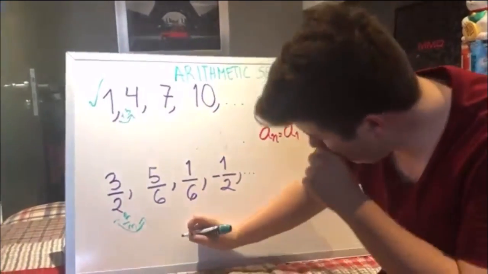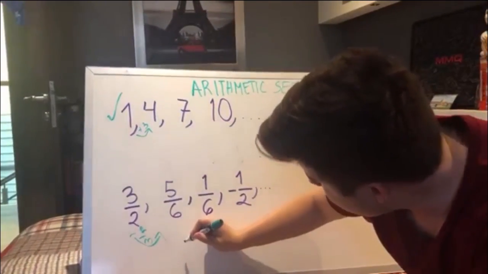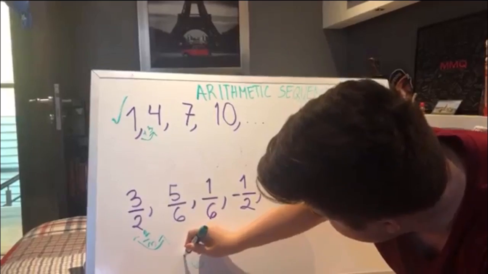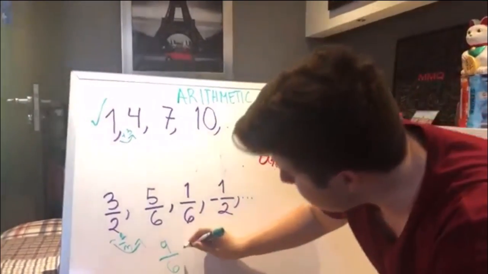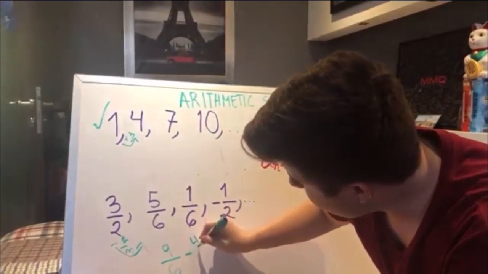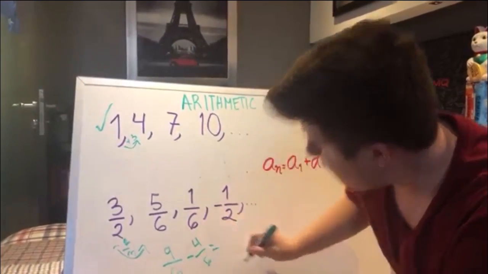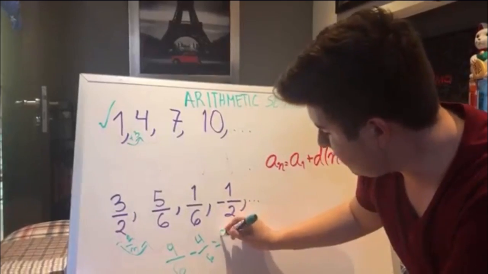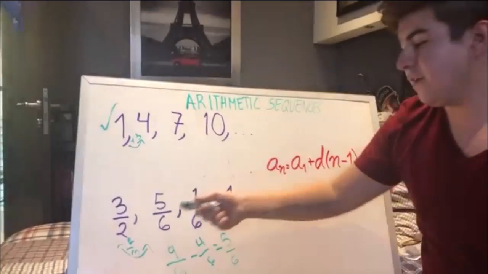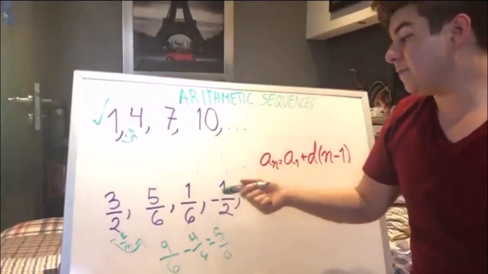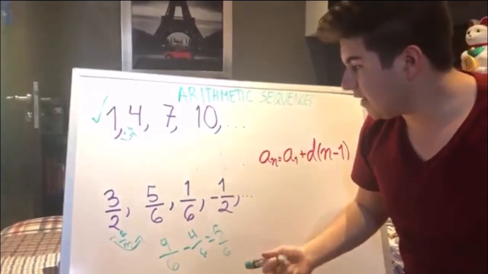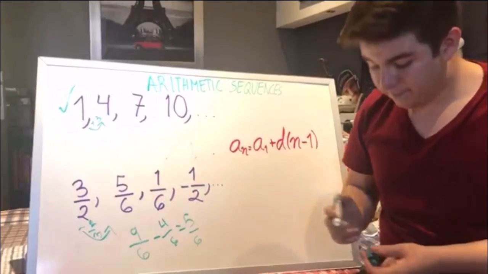Because 3/2 is the same as 9/6, and 2/3 is the same as 4/6. So with that we get 5/6, and then from 5/6 minus 4/6 we get 1/6. And then from that, if we subtract again 2/3, we get minus 1/2.